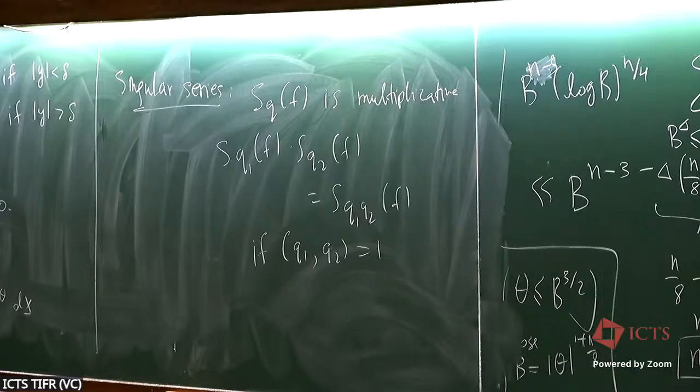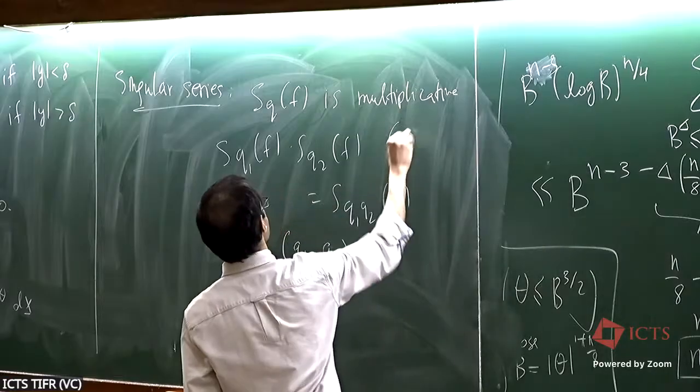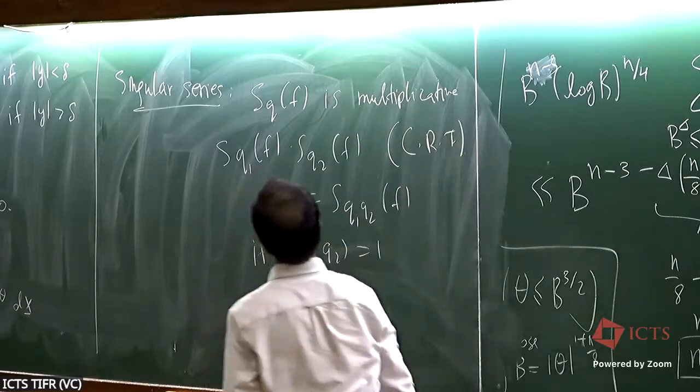But of course, for multiplicativity, one has to just do the calculation at the prime powers. And then one has to look at this summation and apply the Chinese remainder theorem. If one applies the Chinese remainder theorem, you can first break down this Q as a product of powers of primes. And by applying it, you end up getting this as a product of such summations. Okay. So let me just say, how do you do that? This is CRT.